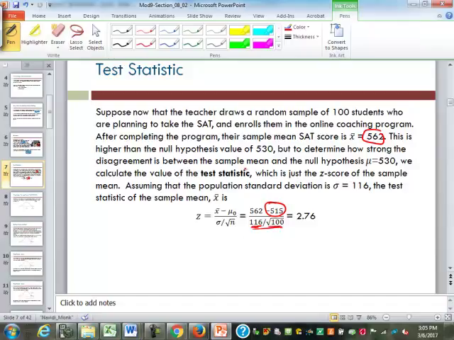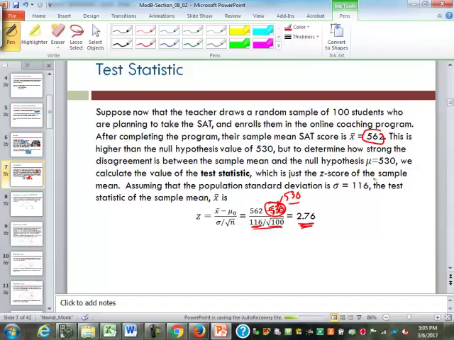When I first looked at this, I would have said this should be 530 here, because that's the hypothesized value. So personally, I would put 530 in there. This is going to be a little off, but anyway, they mistakenly put in the 515. That's not the hypothesis. What has to go here is the null hypothesis value.